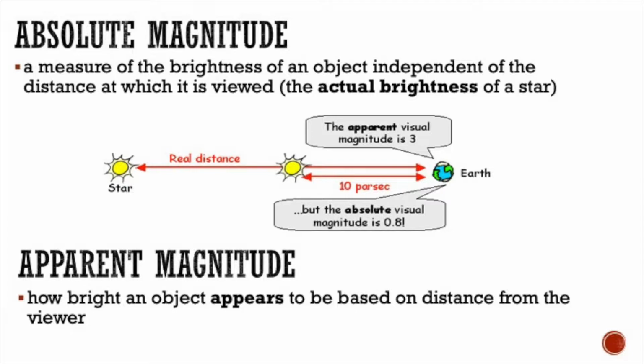So if we were staring at the 2 stars from the same distance away, we could determine absolute magnitude. Whereas apparent magnitude is how bright the object appears to be based on where the viewer is. So it's based on the distance from the viewer. So some stars appear very bright to us because of the distance.